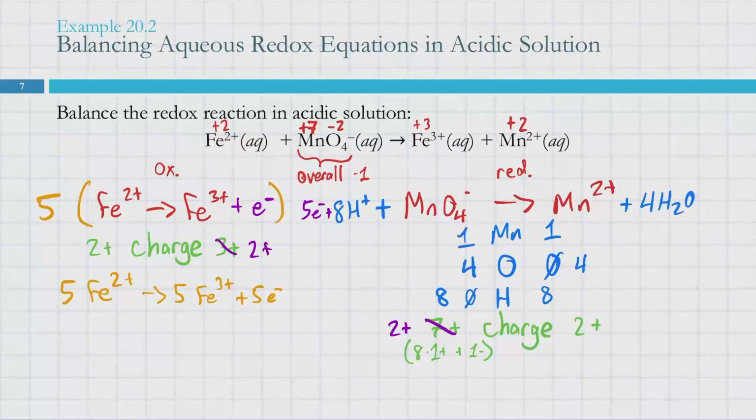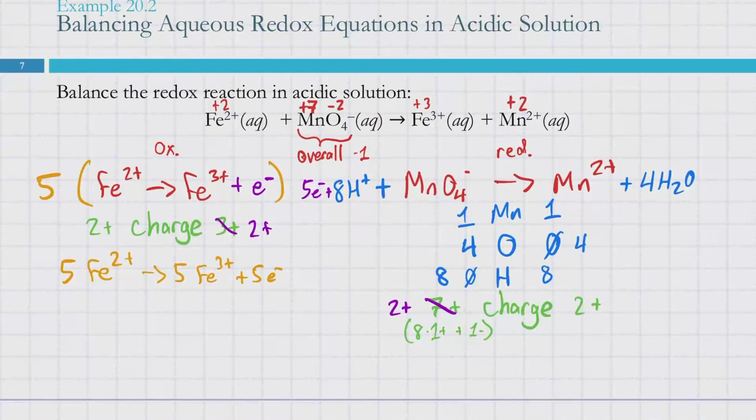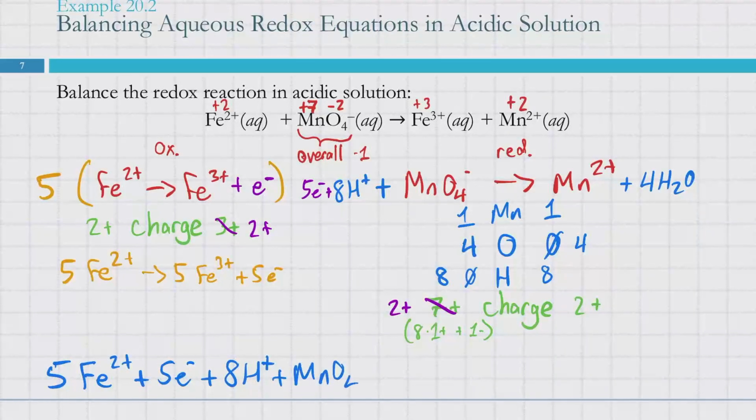And now we can add them together and cancel things out. And I'll do that in blue. So we've got our 5 Fe2+ plus 5 electrons plus 8 H+ plus MnO4- goes to 5 Fe3+ plus 5 electrons, manganese 2+, plus 4 H2O.